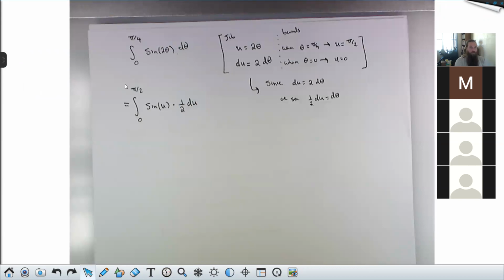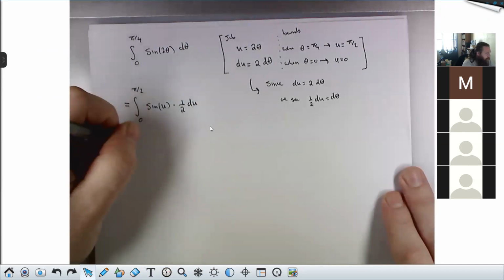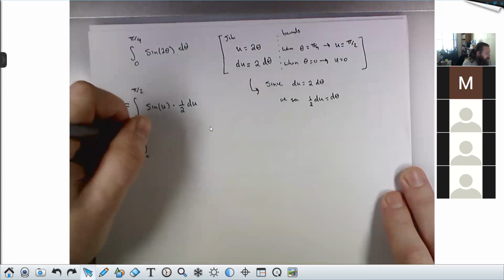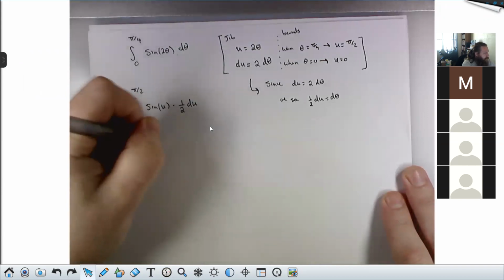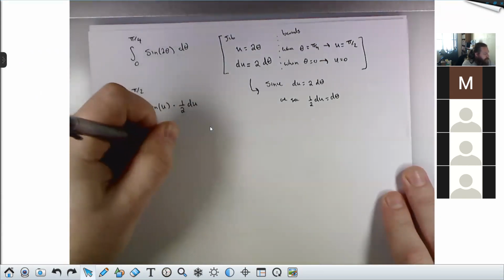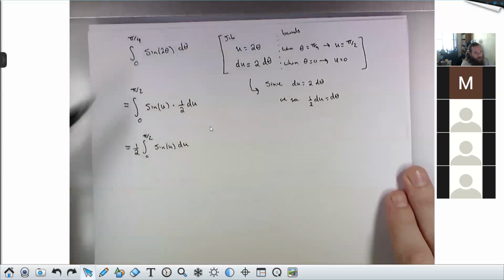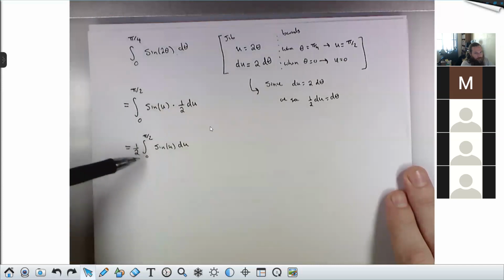But now, again, you can treat this like its own fresh problem. That 1/2 is a constant multiple, it can come out. And I get 1/2 integral 0 to pi over 2 sine of u du. So like I said, the original problem is 1/2 of the area bounded by the normal sine function from 0 to pi over 2.